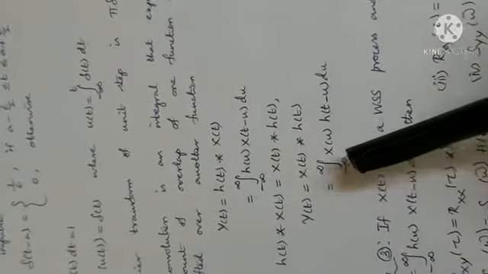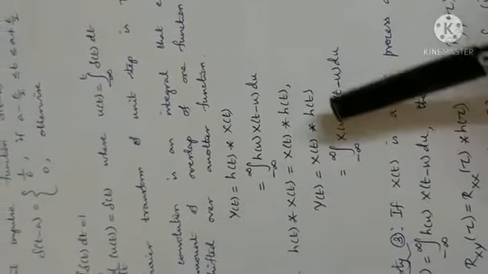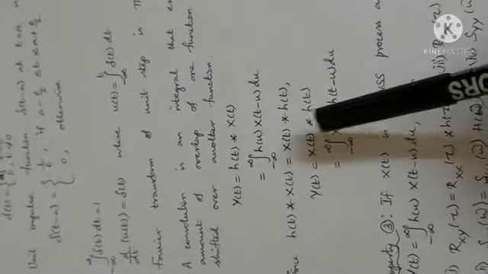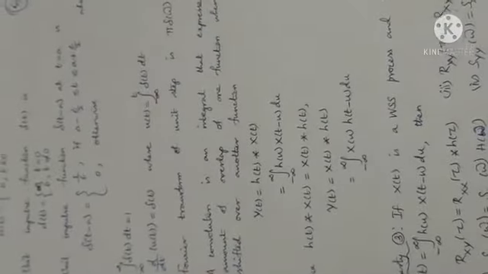Hence y of t is h of t convolution x of t. First t should be replaced by u, second t by t minus u. We consider this as the definition of the relationship between y of t and x of t.